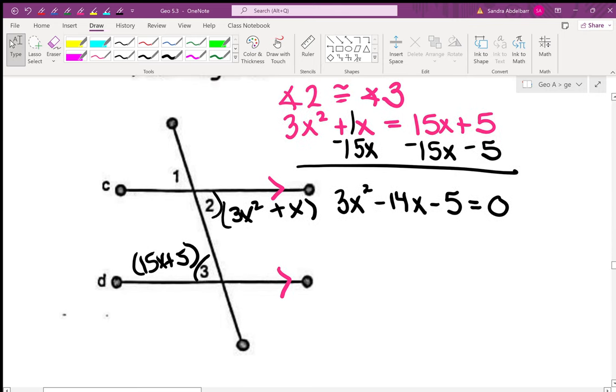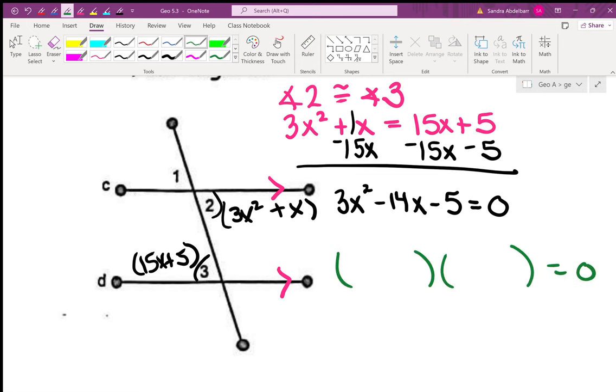All right, so when we come to factor, this is factoring with a leading coefficient. I need two things that multiply to 3x squared. The only things that multiply to 3x squared are 3x and x. So that's the beginning of our parentheses, 3x and x.